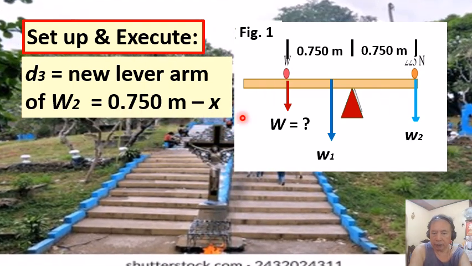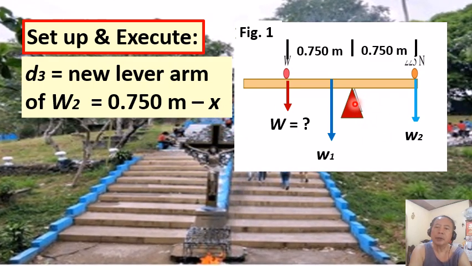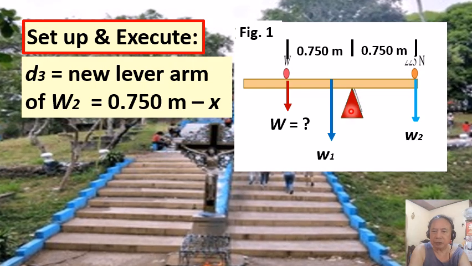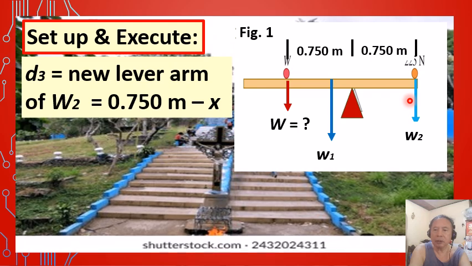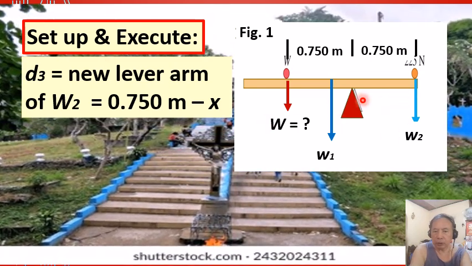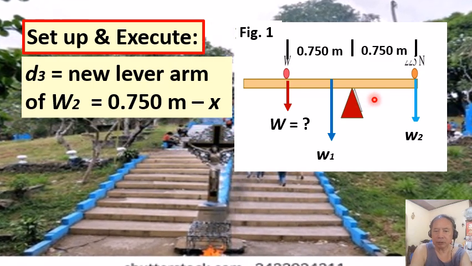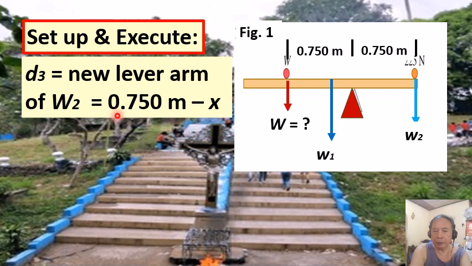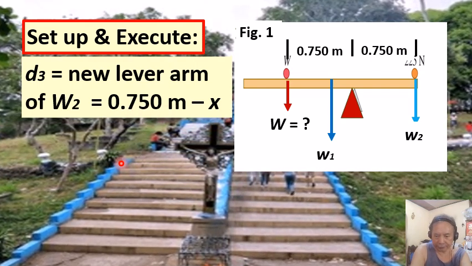Minus because inasmuch as the fulcrum will be moved towards the right end, whatever is the value of x, that will be deducted from the original moment arm, 0.750 meters.